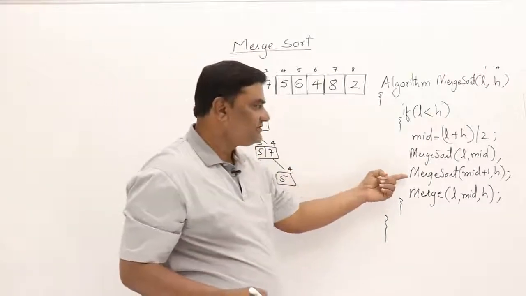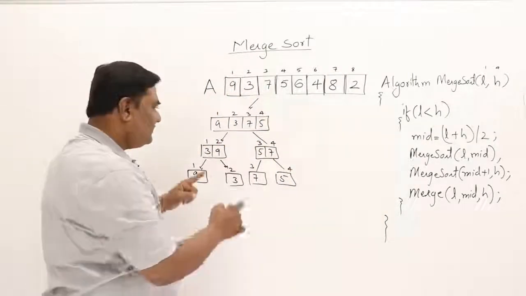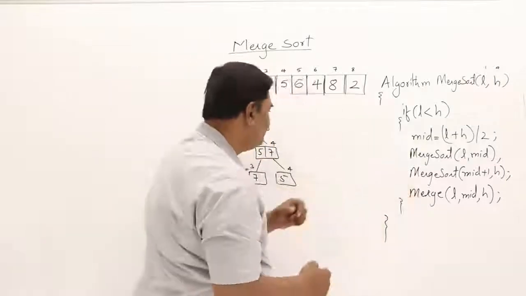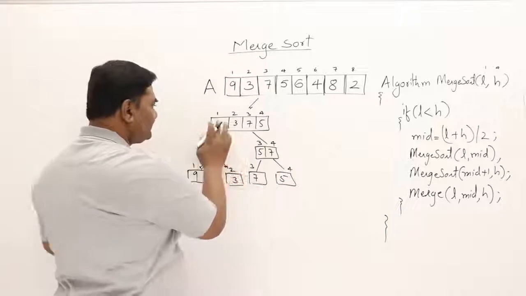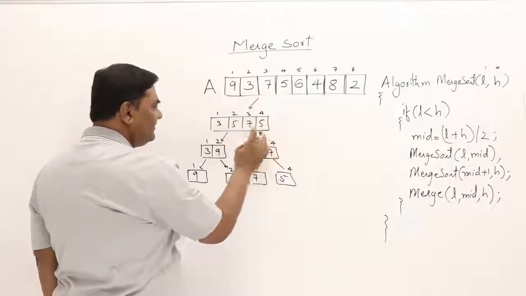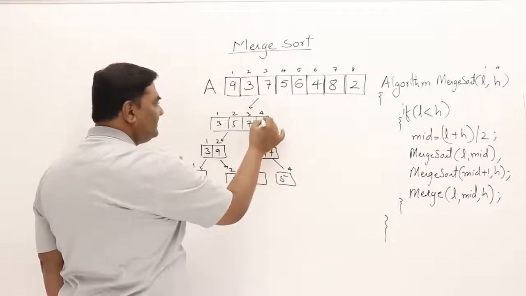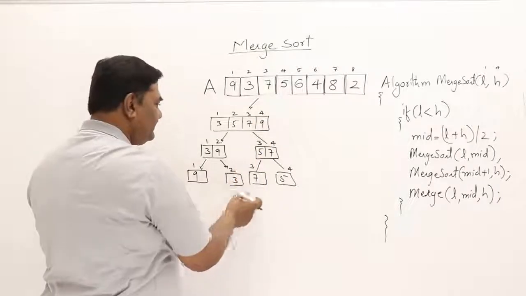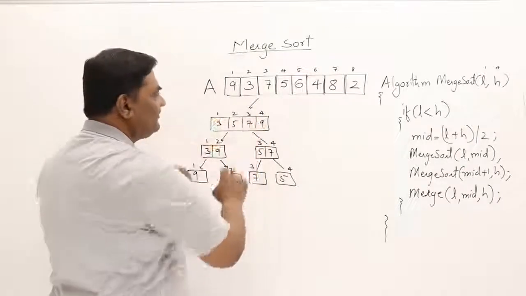Second call has finished. Now this side is completed, this side is completed. So what is the next step? Merge. These two are merged, so this becomes first 3, then 5, then 7, then 9. So that's how it has split, then split, then split, then merged. Till here it got the result.